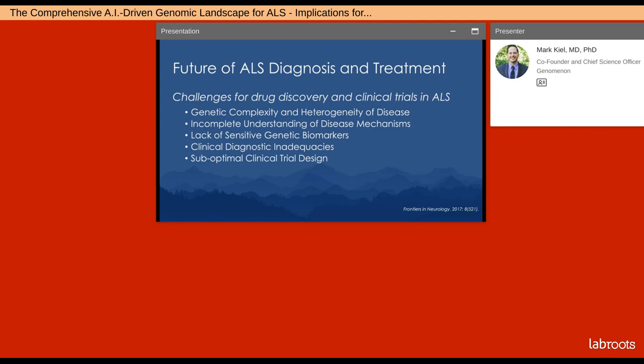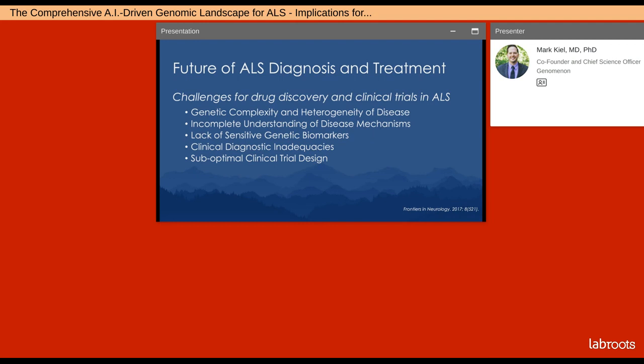I mentioned the genetic complexity and clinical heterogeneity of ALS, which is attended by an incomplete understanding of all of the disparate disease mechanisms that culminate in symptoms of ALS, and the urgent need and a lack of sensitive genetic biomarkers, as well as the challenges associated with accurately diagnosing ALS patients, relying as we do just on clinical parameters at present and rule out of other diseases through laboratory techniques.